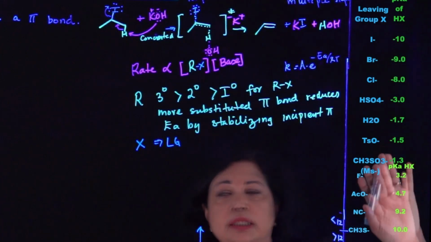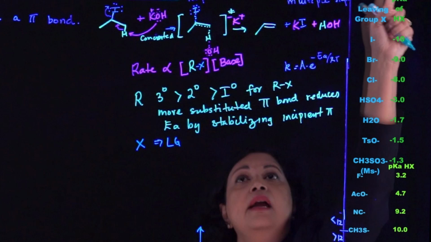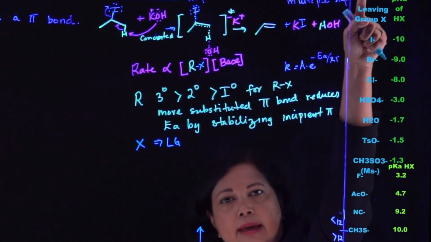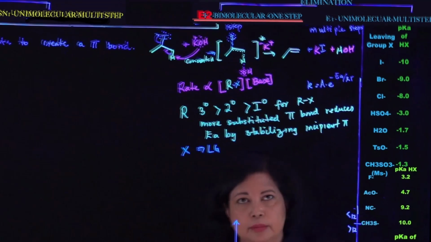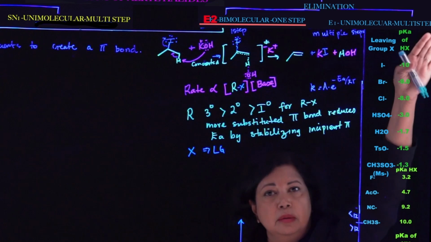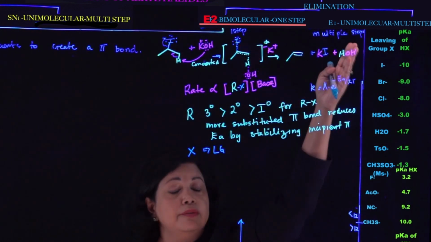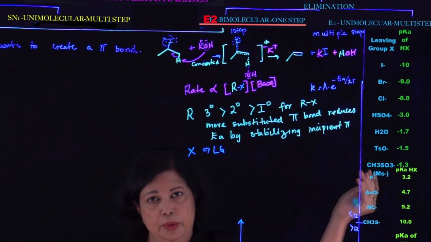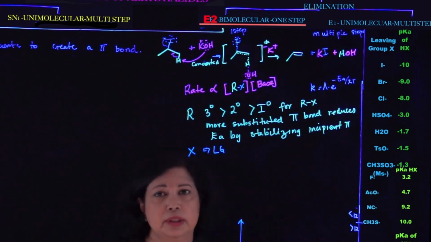And you can see, we can say what a good leaving group is just by looking at a pKa chart. There's nothing to memorize here. You look at a pKa chart, lower the pKa, better the anion is at taking off or leaving or breaking away. Because it's more stable, that's why the pKa is low. It's more acidic. Therefore, we can say that iodide would be a lot faster than bromide, bromide more than chloride. Fluoride is really not a good leaving group. We saw that before.